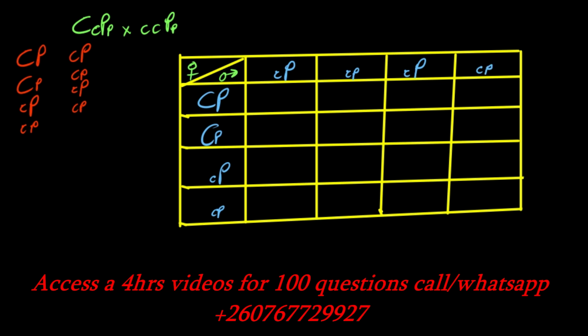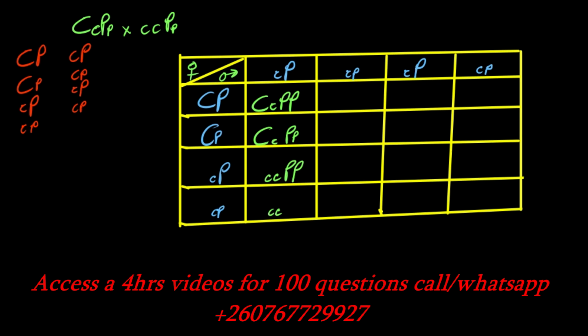These are small letters, then this, then another one, then this. Now we have to conduct the cross. This will be this and that, and automatically that is going to be purple. Then you have this and the small letter p. Then this will be small letter c, p, p.